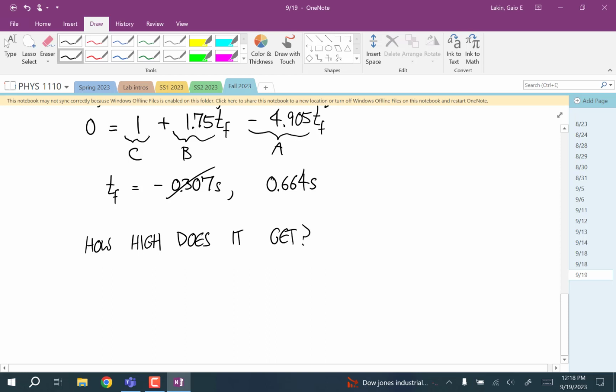Is there any reason to choose a different time equals 0 instant? No. What about time final? Yeah, this time we have to choose the instant it gets to the highest point. So this is the instant that it reaches the highest point.